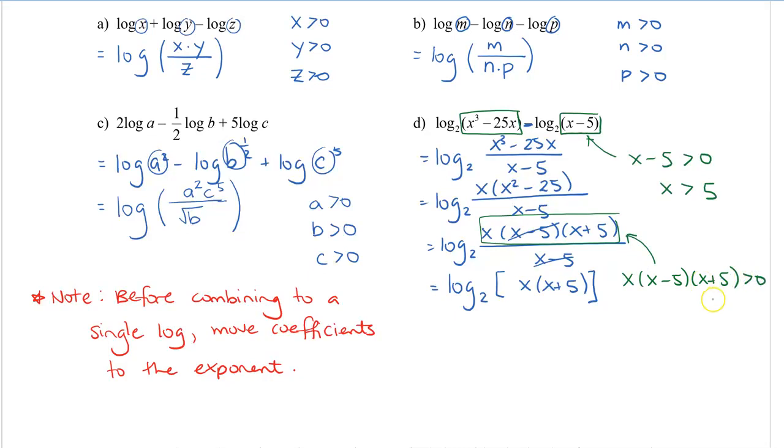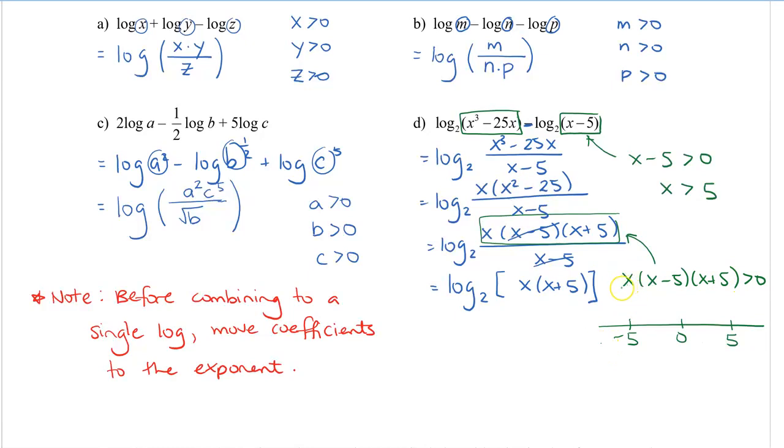Now, if you recall math 11 from last year, we need to split this up by finding the zeros. So the zeros in this case will be 0, 5, and negative 5. And what we're going to do is we need to test 4 values, one from each interval, to see if this will give us a positive or a negative value, ignoring this greater than symbol for now.